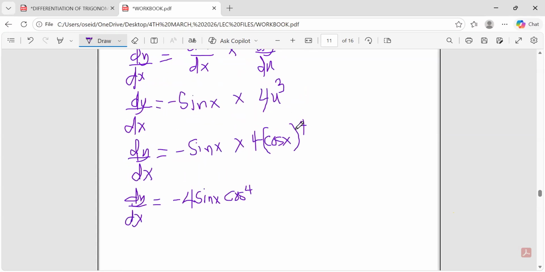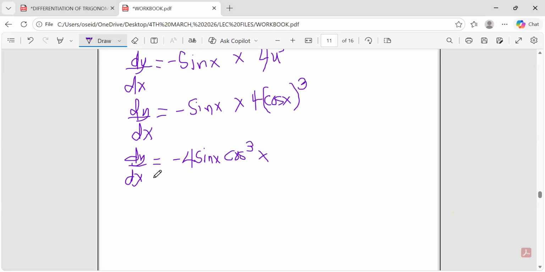Oh, sorry, it's cos 3x rather. Sorry. Yes, cos 3x here, because when we differentiated, we had 3. So cos 3x. Right, so we are done with the second question.